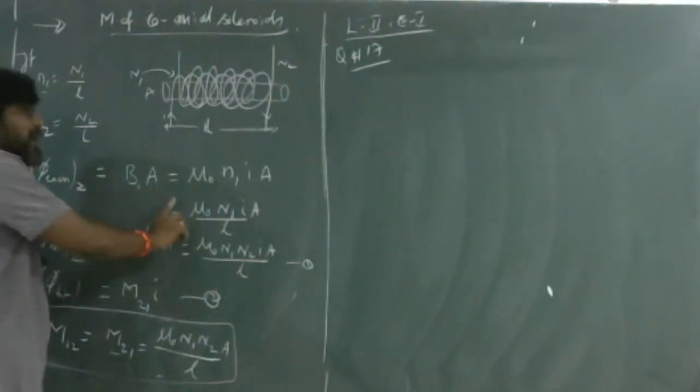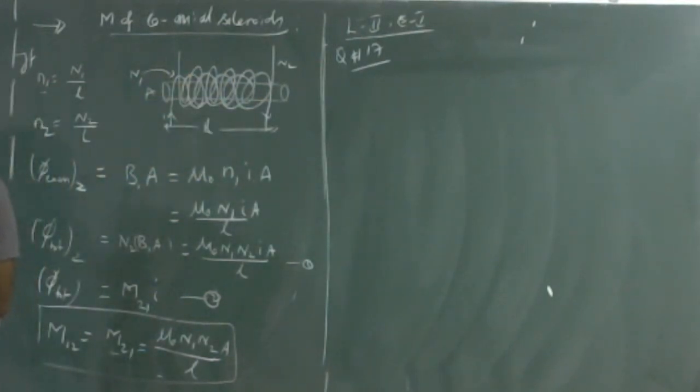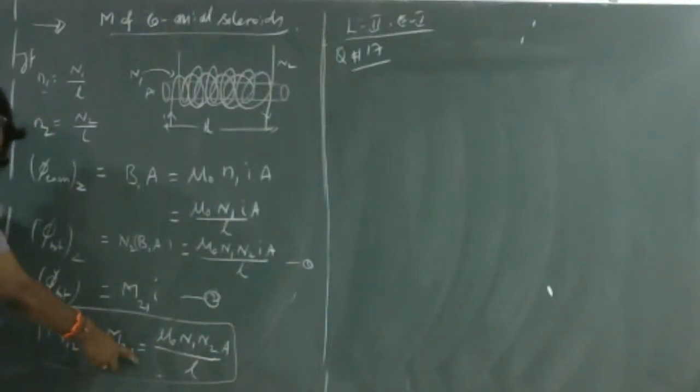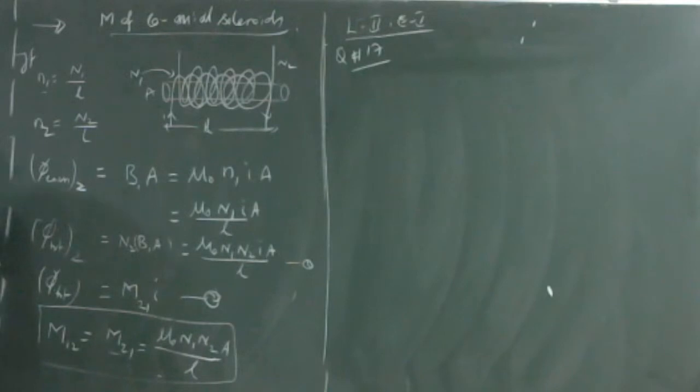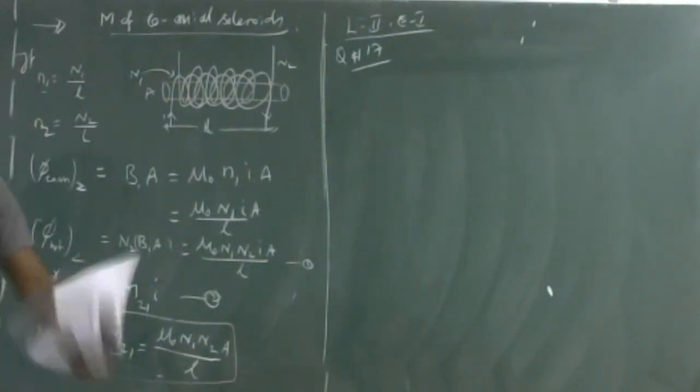If you pass current I in the primary coil, EMF is induced in the secondary coil, so the mutual inductance of the secondary due to current in the primary should be equal to the mutual inductance of the primary due to current in the secondary. Both are equal. Whichever coil you treat as primary or secondary, the coefficient of mutual inductance will be the same. Is it clear?